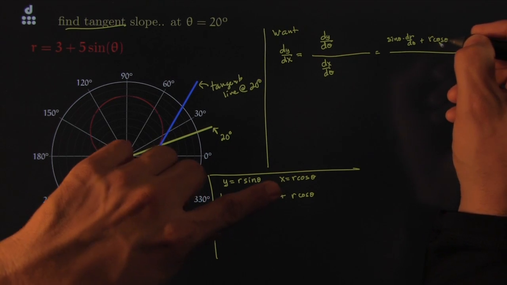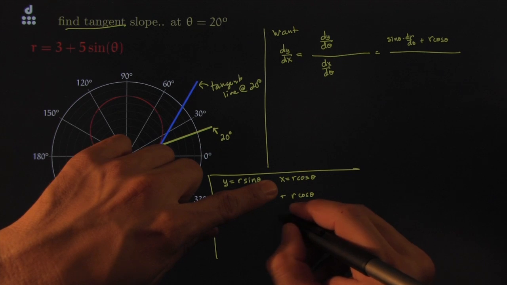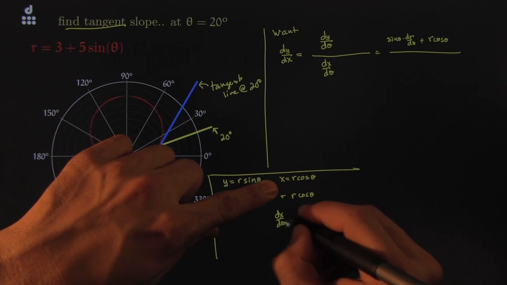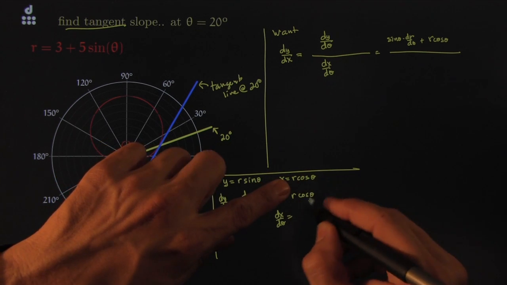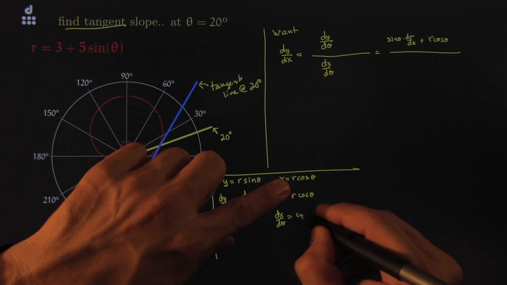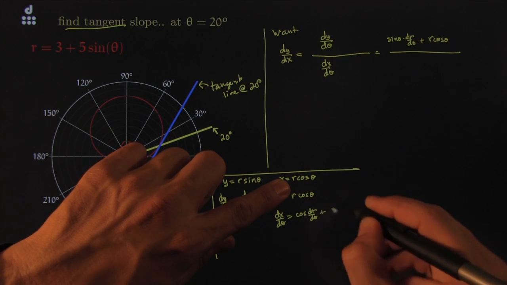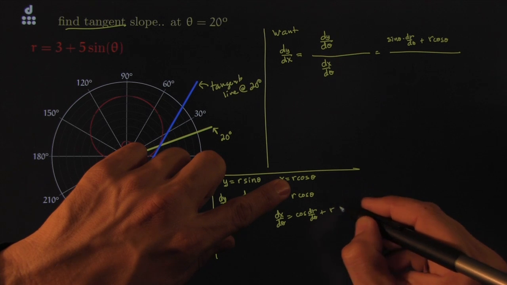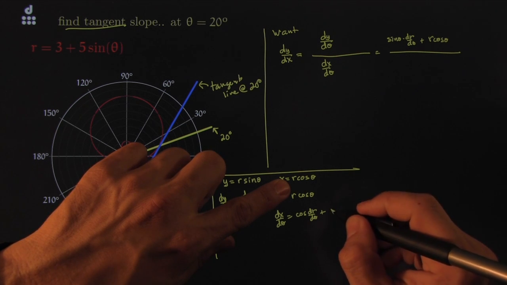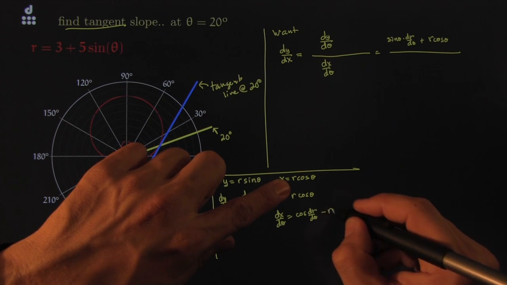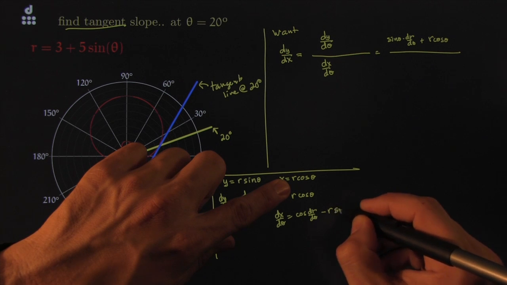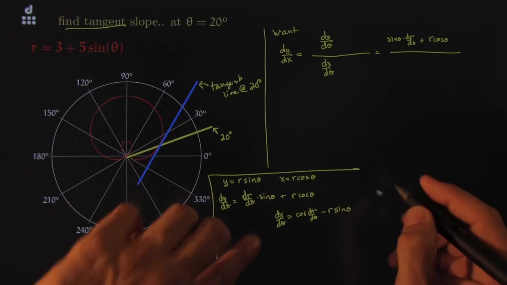Now we go with the x. On the x we have dx d theta. Again, we do product rule. That's the derivative of the r times the cosine, dr d theta, plus r times the derivative of cosine, which would be negative sine theta.